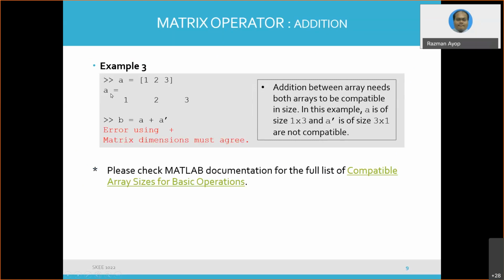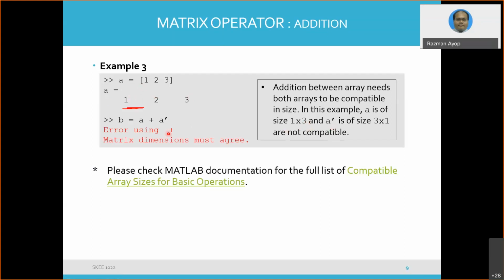For example, A is 1, 2, 3, which is 1 multiplied by 3, meaning you have 1 row and 3 columns.